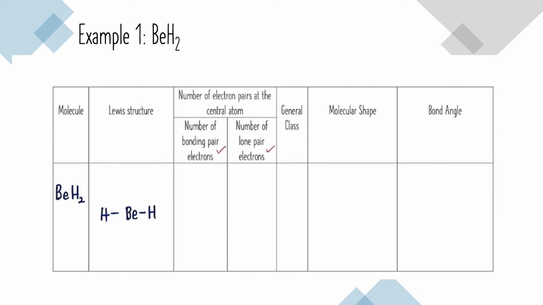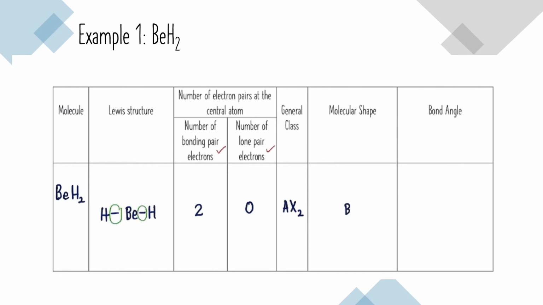From the Lewis structure, we can see that beryllium, the central atom, has 1 and 2 bonding pair electrons. So here it should be 2. The number of lone pair electrons would be 0 because beryllium doesn't have any lone pair electrons on it. The general class would be AX2.